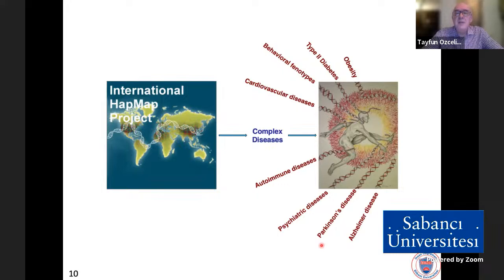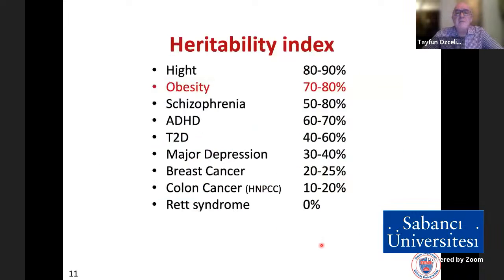In doing these gene identification studies, one of the starting points is the heritability index that I would like you to remember very well. Even if you don't have any information on the nature of the gene that is mutated, by looking at the heritability index through the analysis of pedigrees, you can decide whether that disease is amenable to gene identification.